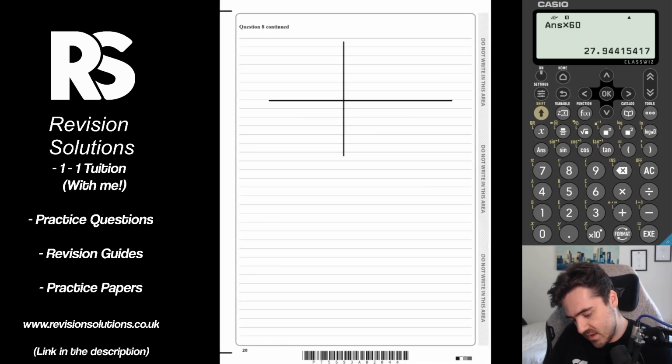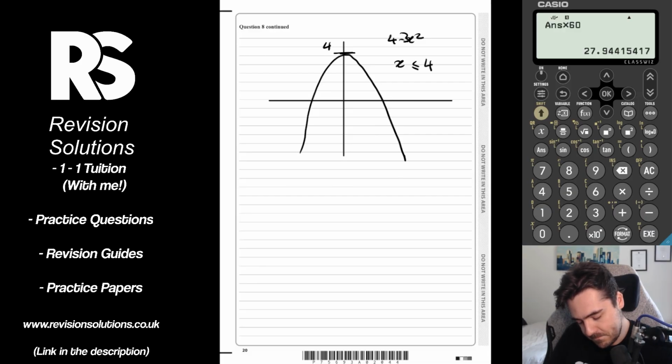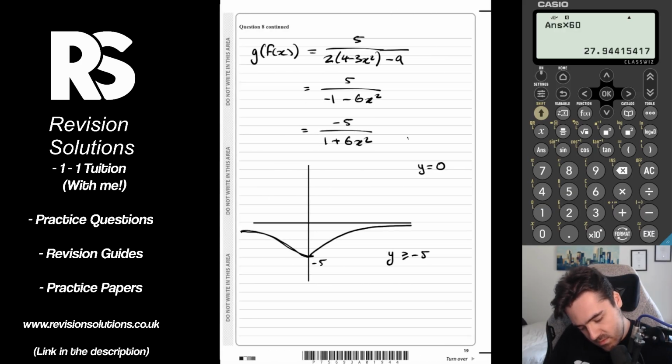So 4 minus 3x squared, that's a negative x squared graph that's just been shifted up by 4. So the largest output, like the range of 4 minus 3x squared, is going to just be less than or equal to 4. So that's actually not going to affect it too much, is it?